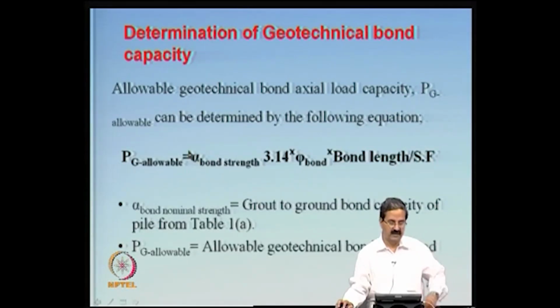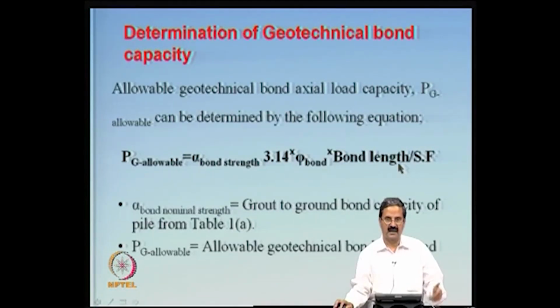Because you are putting a column of grout, the allowable load on the grout is given by alpha, the bond strength, times pi, times the diameter, times the length of the micropile.